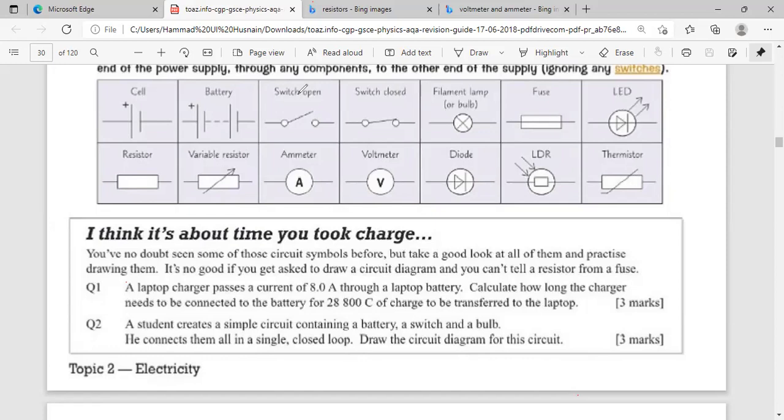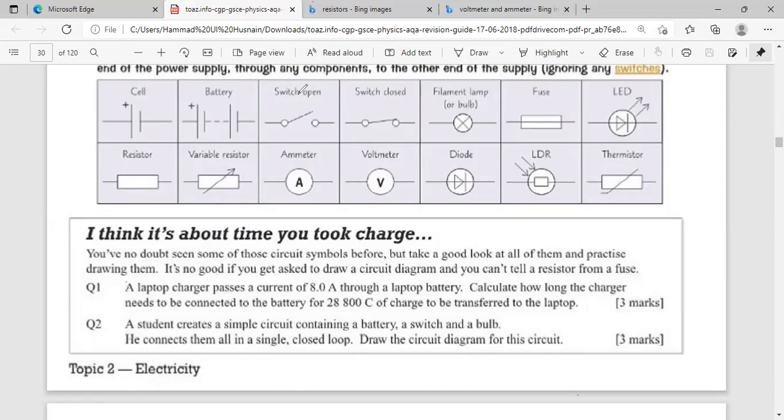I got the answer. Yes. It was 3,600 seconds. How did you solve that?